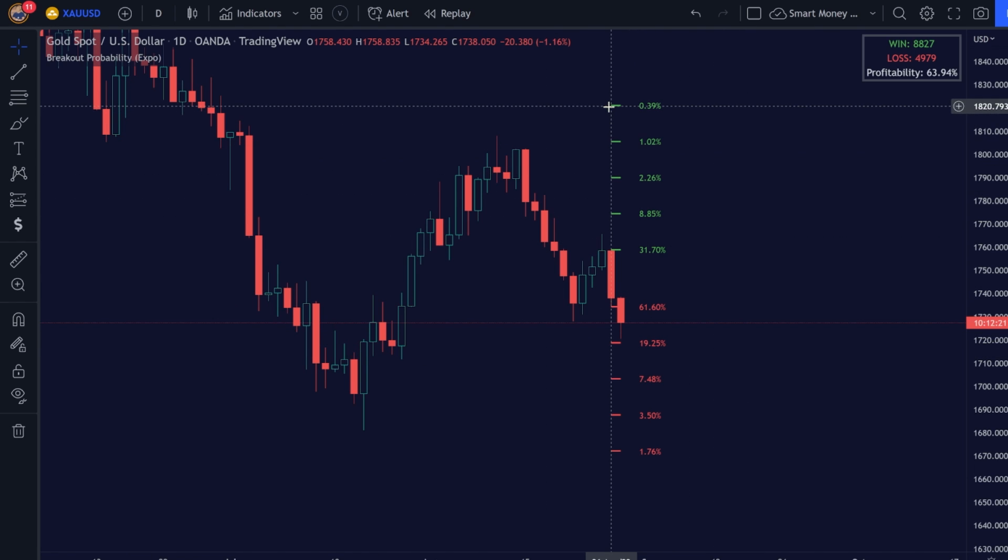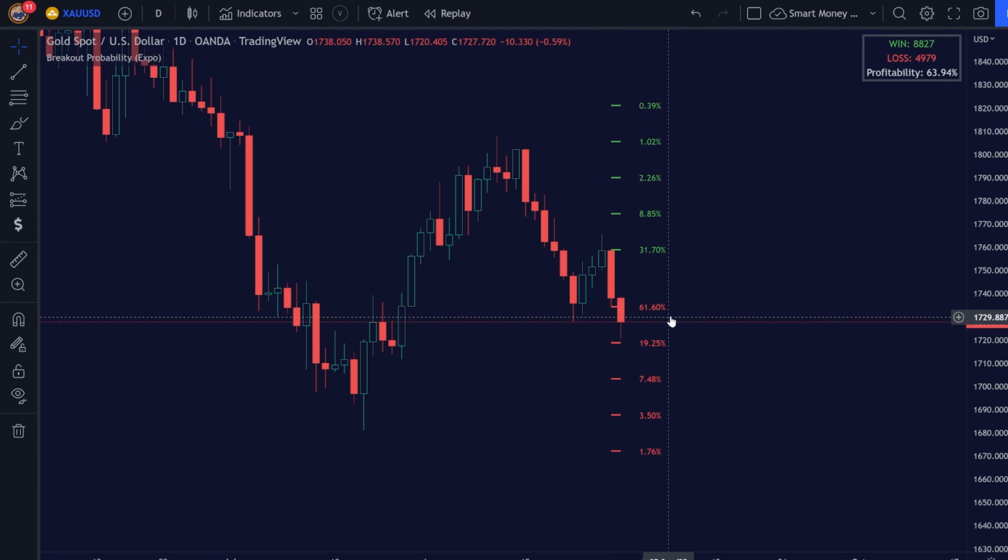And we can see that lines with a percentage value are plotted on your chart. And those lines and percentage values are the probability that the price hits or crosses below or above those levels. So in this case, we have a 61.6% likelihood that the price hits or crosses below this previous low.